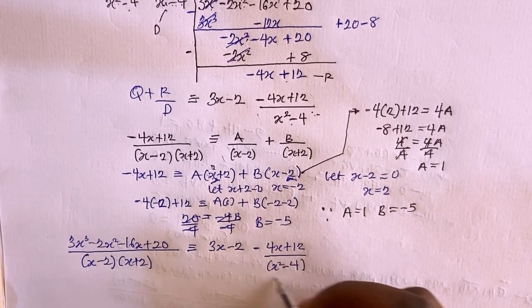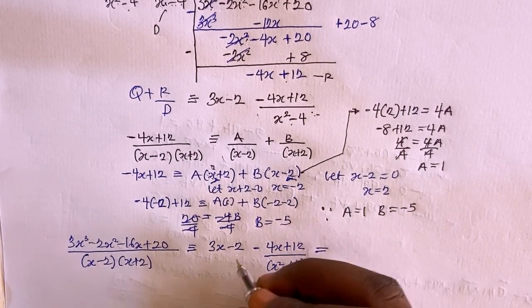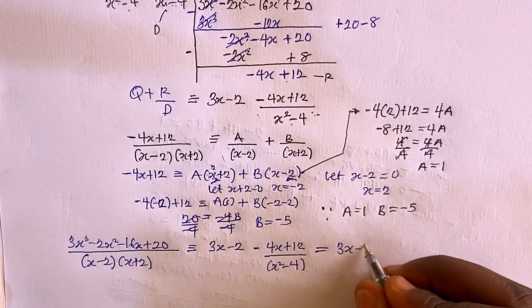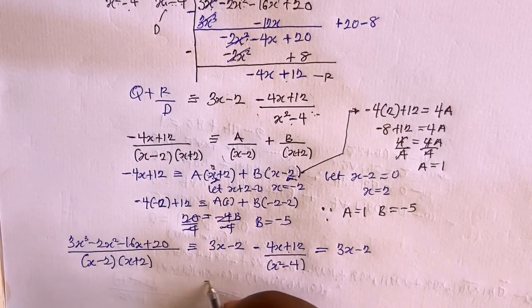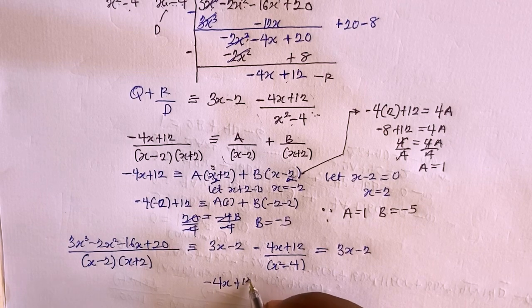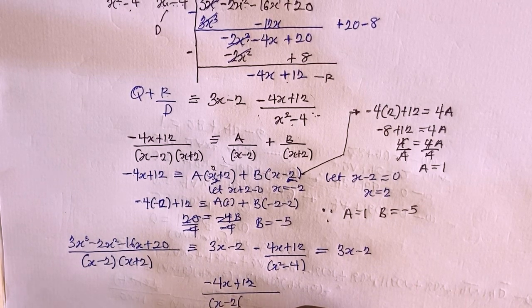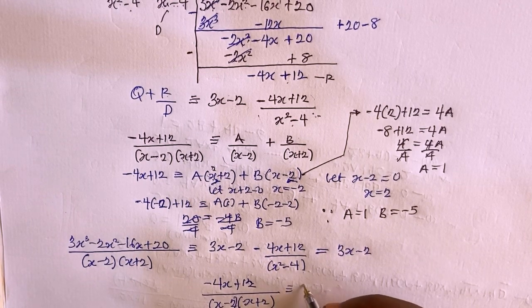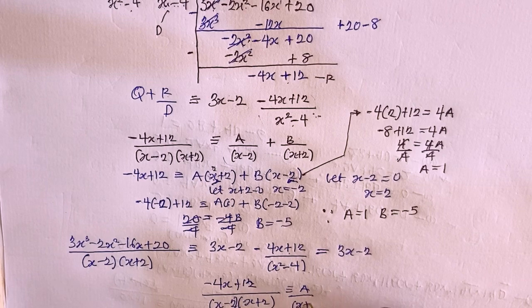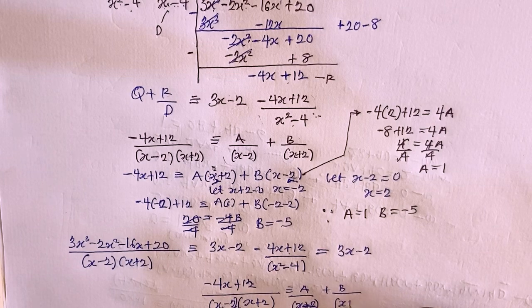Then resolving this, I'm going to have 3x minus 2, since this minus 4x plus 12 divided by this is actually x minus 2 into brackets x plus 2, which is equivalent to a over x minus 2, then plus b over x plus 2.